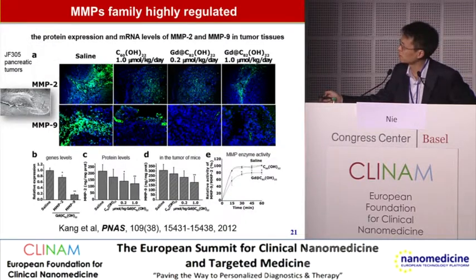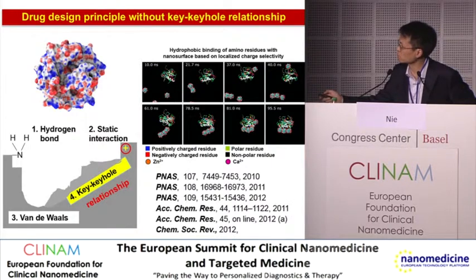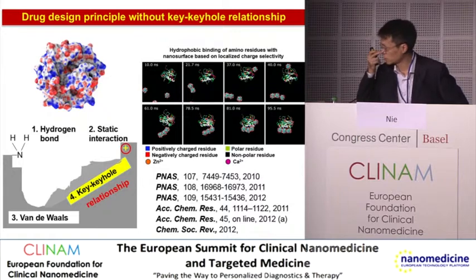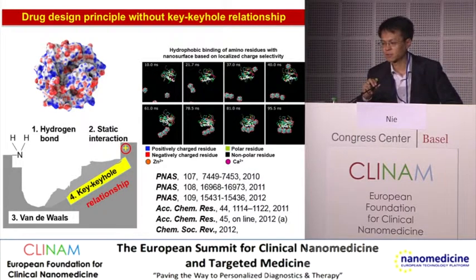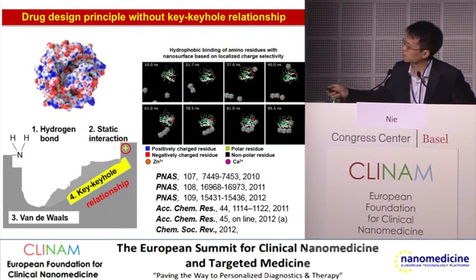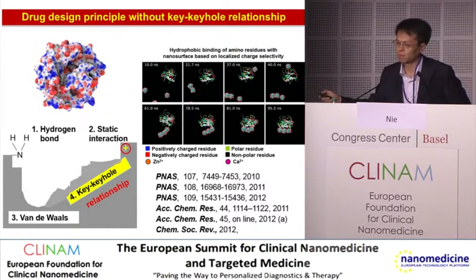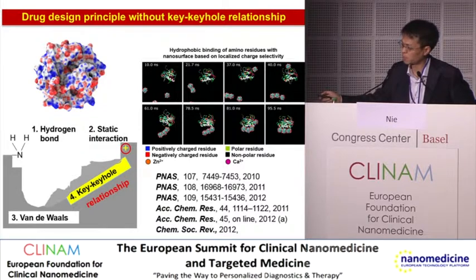But in our case, we always see that you have multiple targets, not only one molecular target. Furthermore, we want to know why such things happen, because certainly according to the traditional key and keyhole theory in biological systems, you always have a ligand and a receptor. They can work together very specifically.